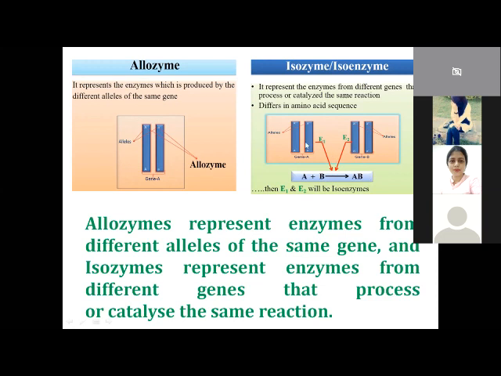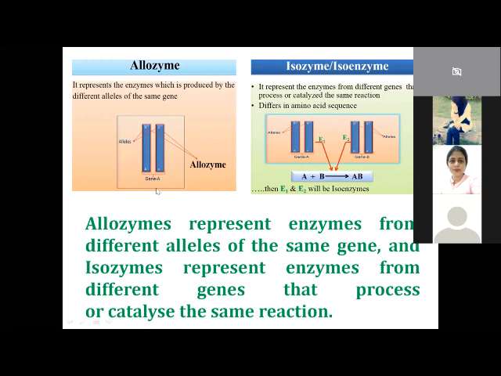They have the same catalytic activity, meaning they are the same enzyme but different forms. But these two different forms are coded by two different genes, which are present on two different loci. So this is the difference between allozyme and isozyme.